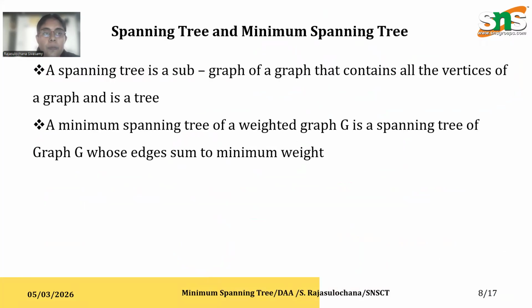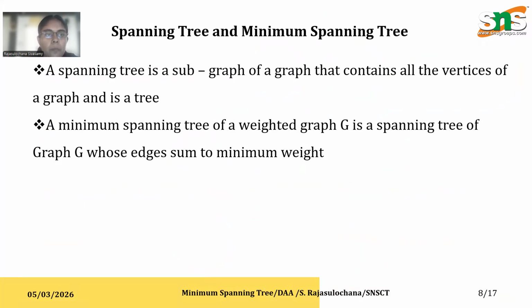The main difference is that a spanning tree is a subgraph of a given graph that contains all the vertices of the graph, connected with the minimum number of edges. A minimum spanning tree is also a spanning tree, whose edges sum to the minimum weight.